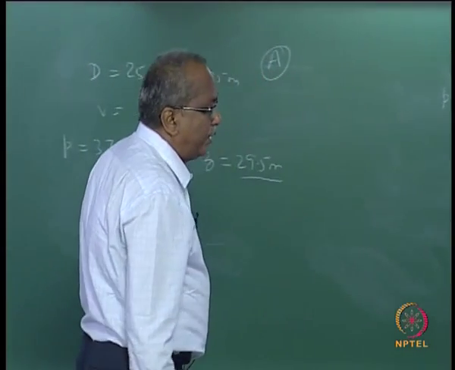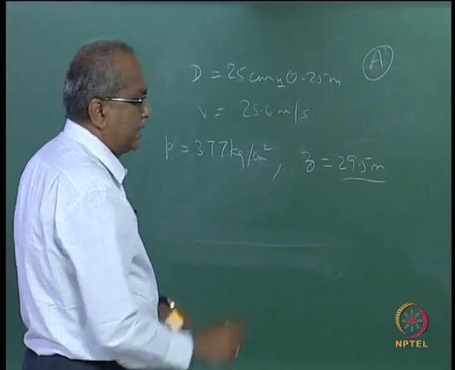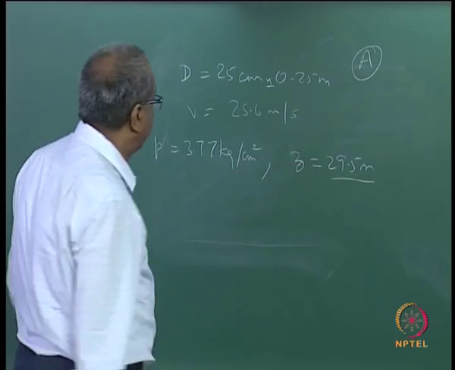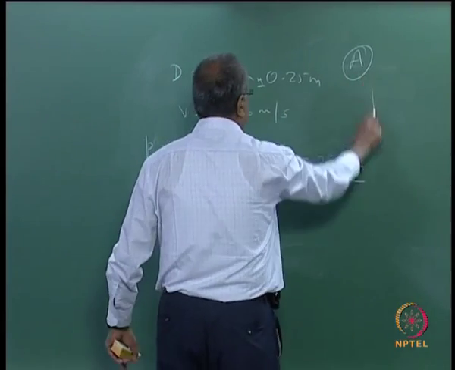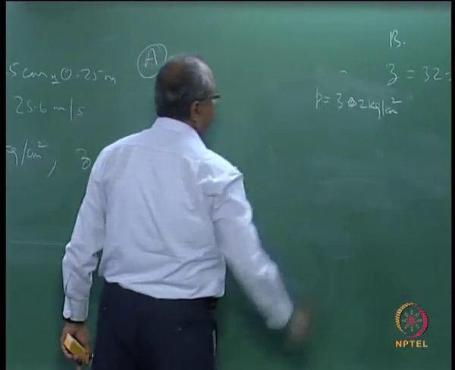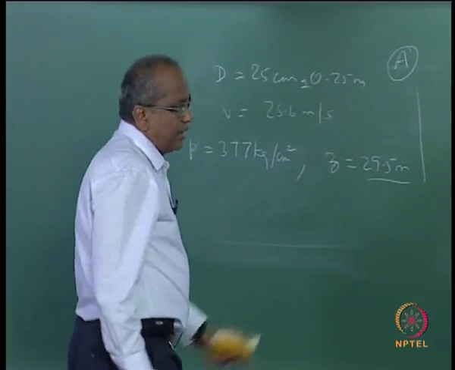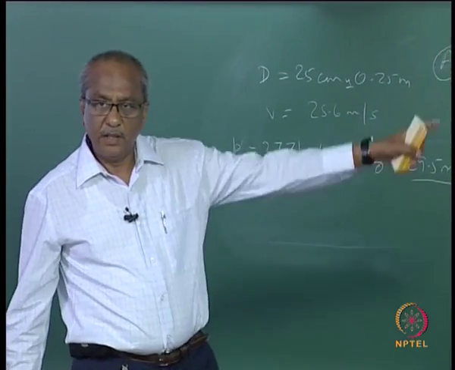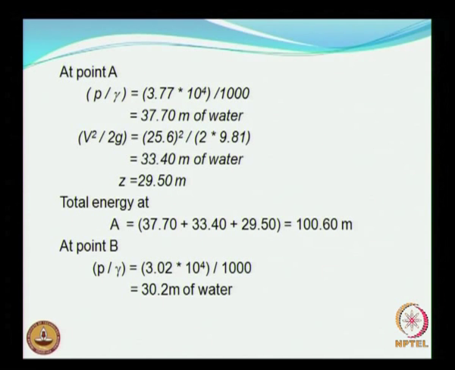So for a steady flow, find the head loss between A and B. So this is A, the details are given here, and this is B, details are given there. So you use the total energy as per the Bernoulli equation.